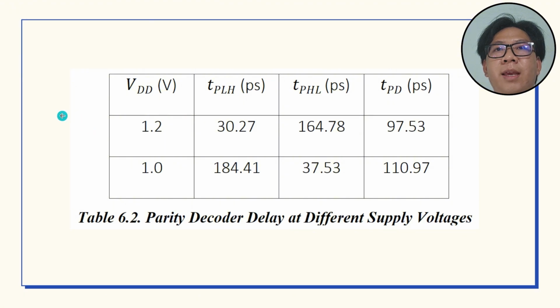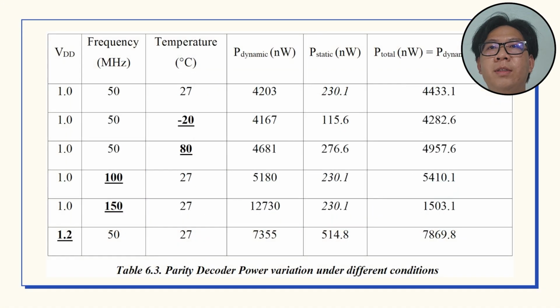With VDD at 1 volt, we have TBLH at 184.41 picosecond, TBHL at 33.53 picosecond, TBD at 110.97 picosecond. Now moving to table 6.3, we can see the parity decoder power variation under different conditions.